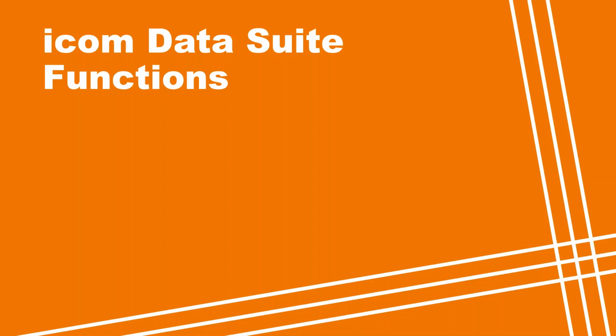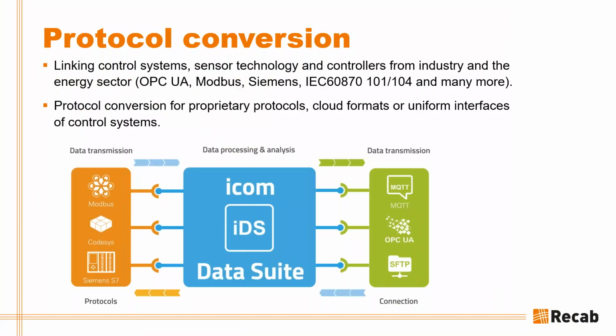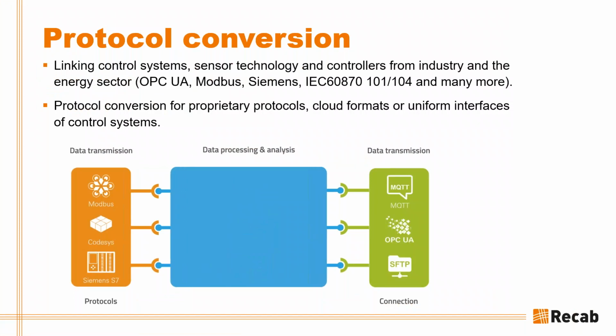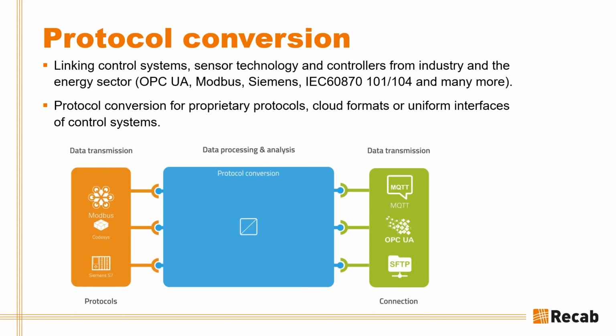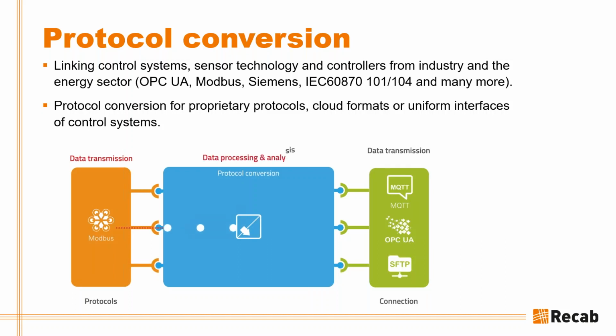So let's take a little look at the different functions you can actually use this for. First of all, you have protocol conversion. You can convert between different industrial protocols. Like in the example below, we are converting from Modbus and we are sending it to an OPC UA system and then back again.